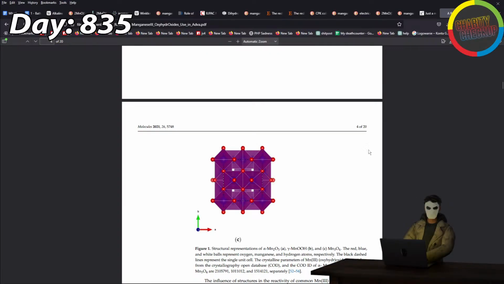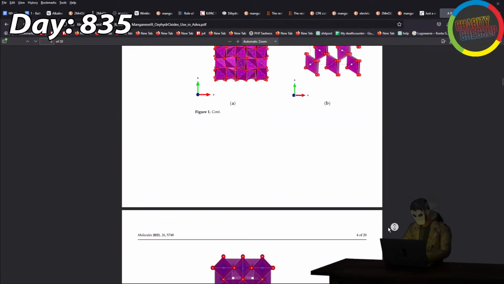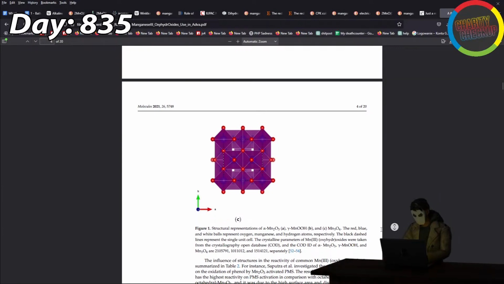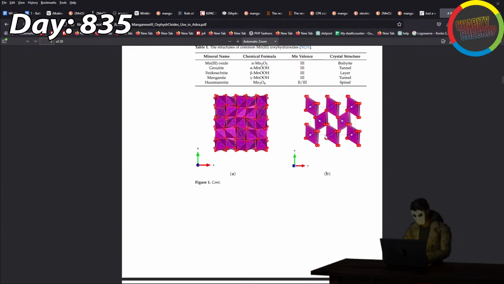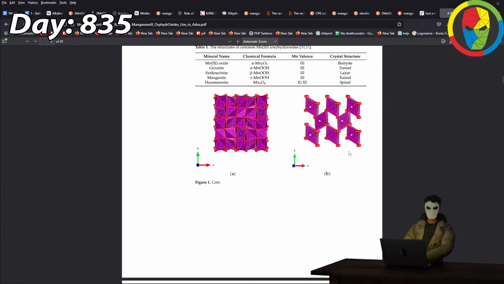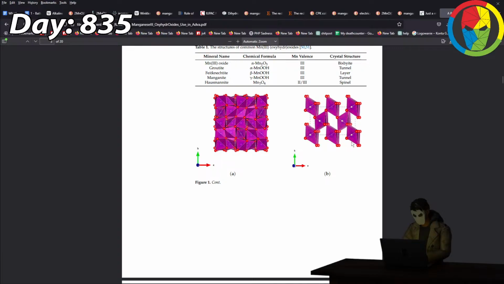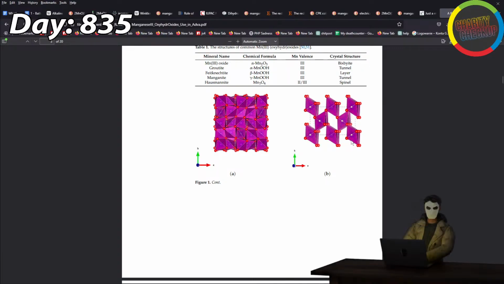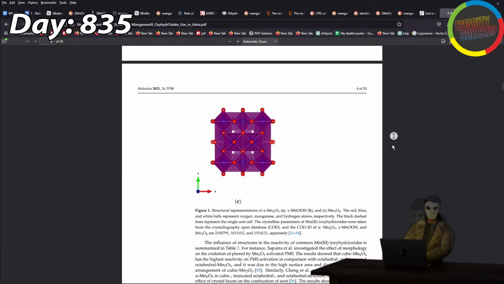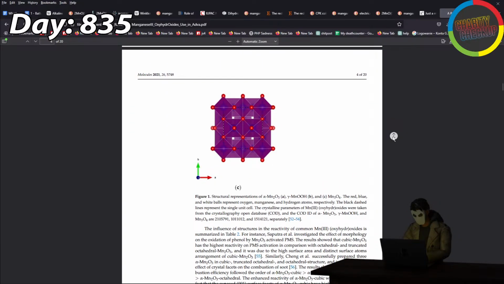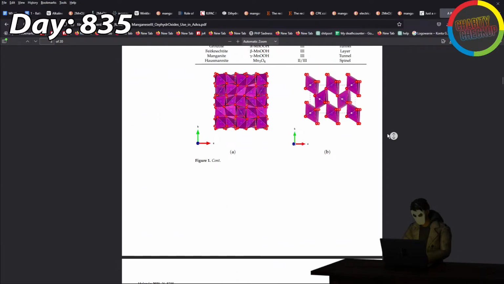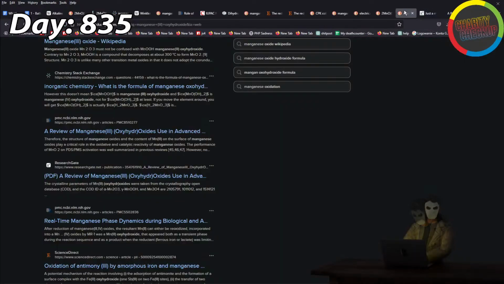Okay, so image B, this one. This would mean when it's connected, that doesn't really help, does it? I'm fine.